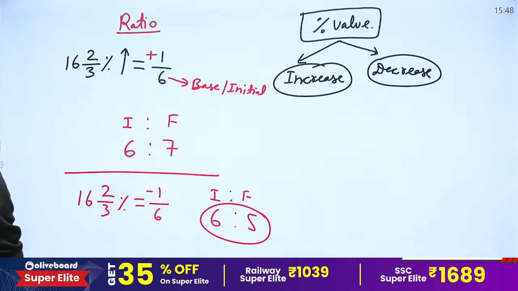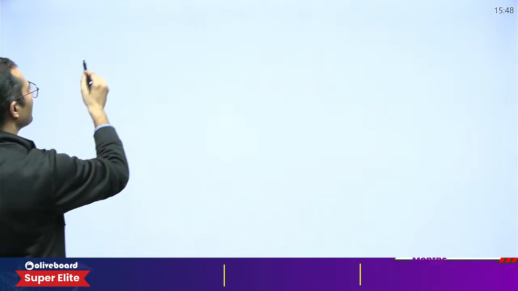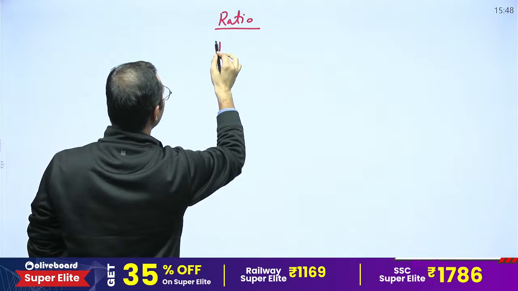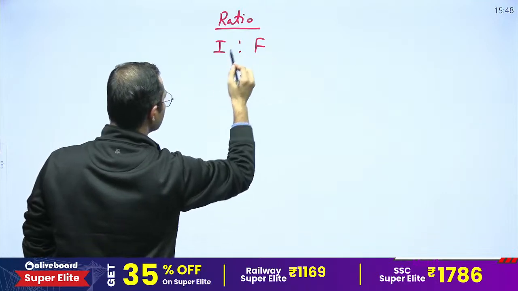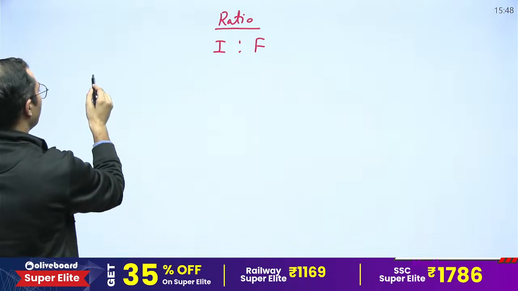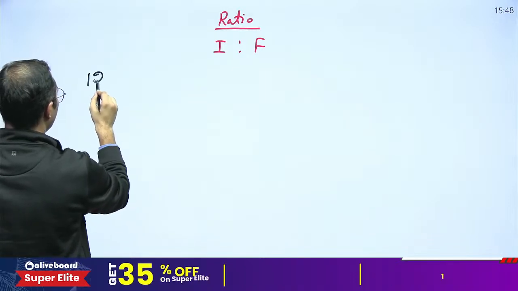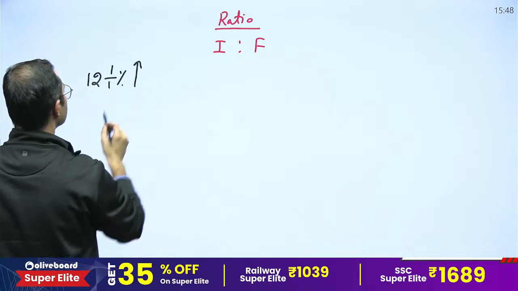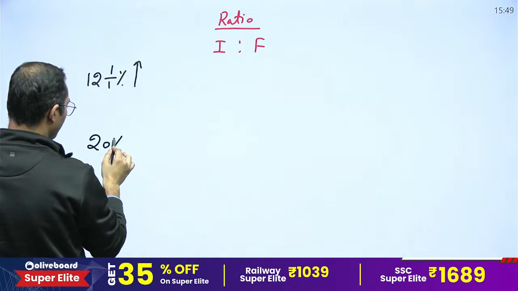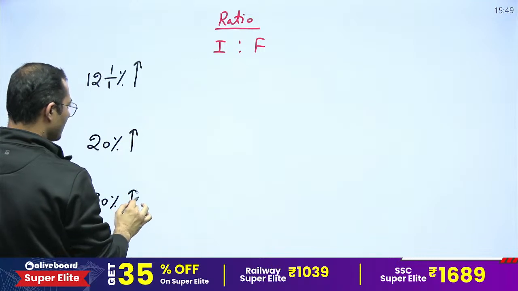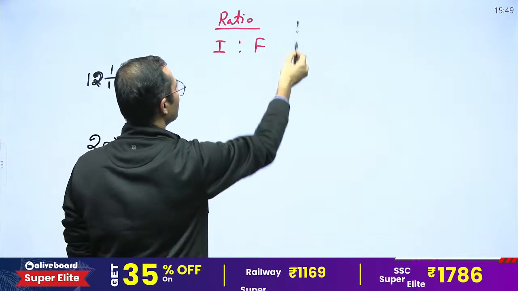So let's practice. You have to create the ratio of initial and final. If I say there is a 12.5% increase, 20% increase, 30% increase, right? Tell me what would be the ratio.